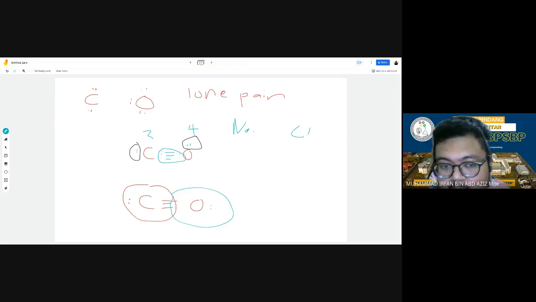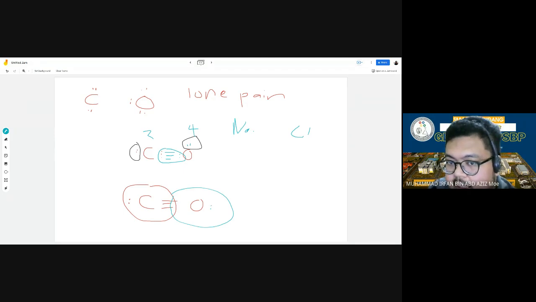Because they want to have 8, the main objective adalah each atom will have octet arrangement. Didn't matter lah kalau C ni only give 2, while oxygen ni only give 4. Dia tak kisah pun siapa lagi banyak atau lagi sikit. Janji the arrangement tu must be stable. Okay?